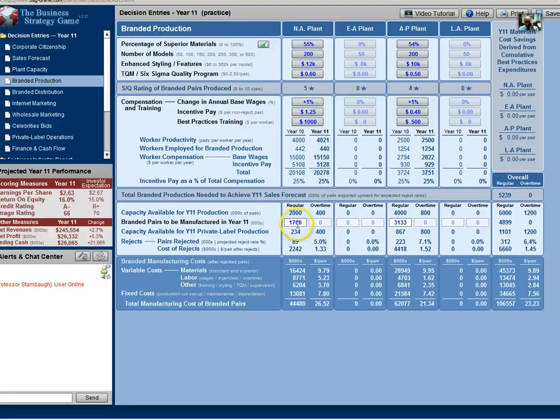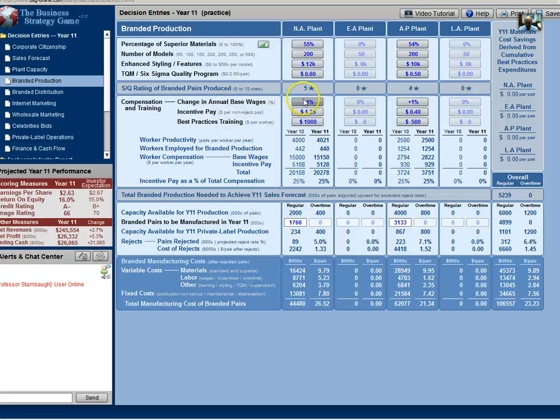Here, you actually enter the number of shoes that you want to be manufactured for branded. You see here, it's not full production. We have the capacity of 2,000, but I'm only using 1,700 for my branded. That may be because I think I'm going to be pretty active in my private label market. But again, once you know how many star shoes you want and how many models you want to use, then you make these other tweaks to produce the cheapest shoe that you can to keep this down.